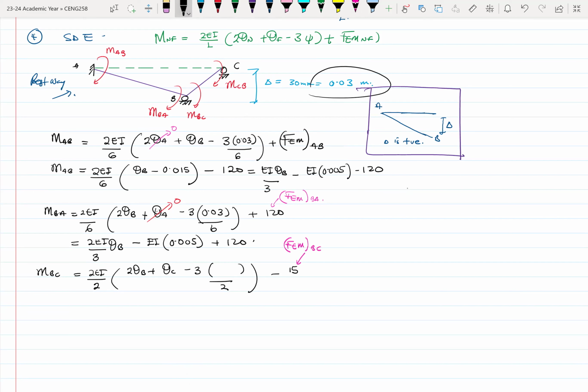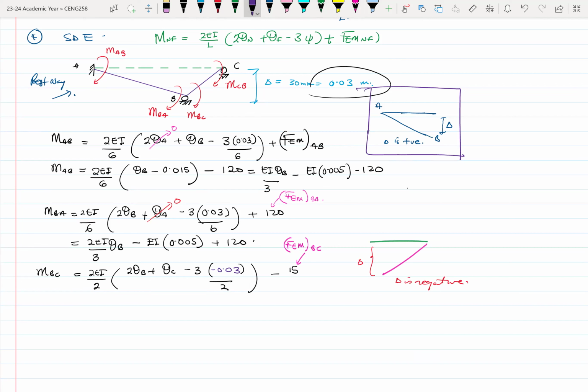Now, if you take member BC, this is how member BC now looks, right? With your displacement now this way. So with member BC, this delta now becomes negative. Okay, so in here I'll get minus 0.03 because it's negative. That's the only thing that will change here.